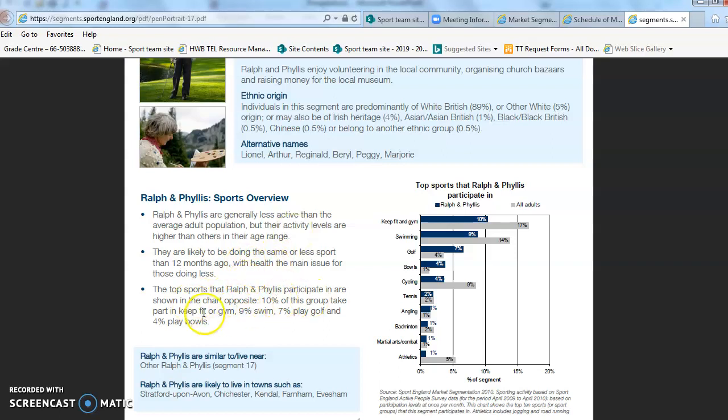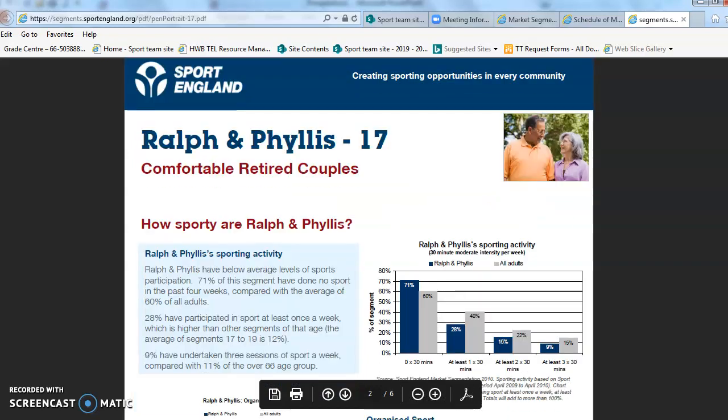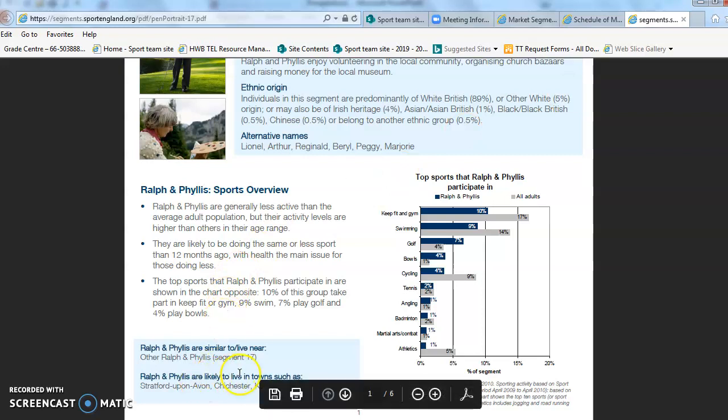So it tells you about what they want to keep fit doing. It also, and this is where you need to think about pulling this together in relation to other information, such as the Public Health England profiles of where they're likely to live within England.